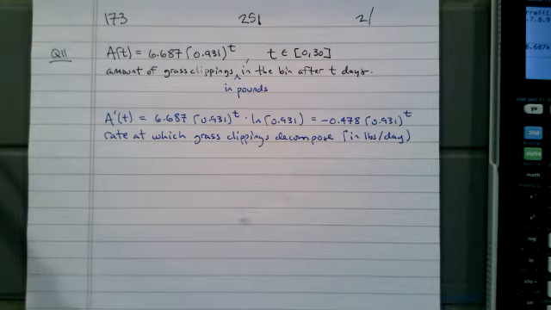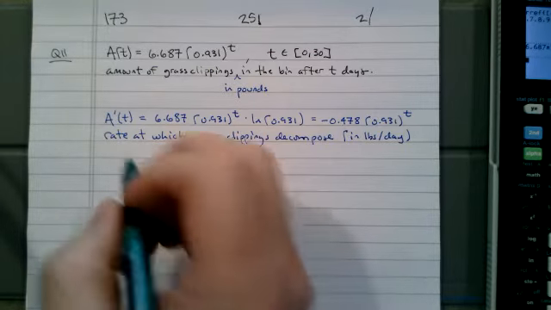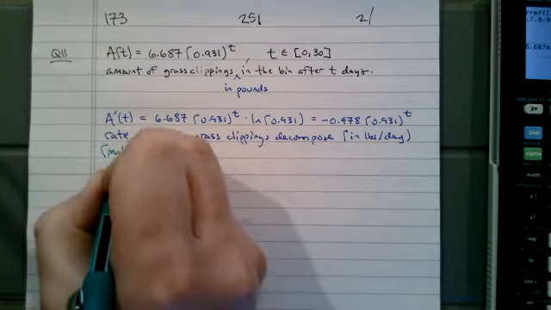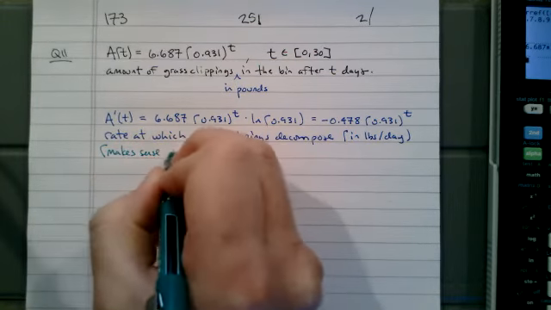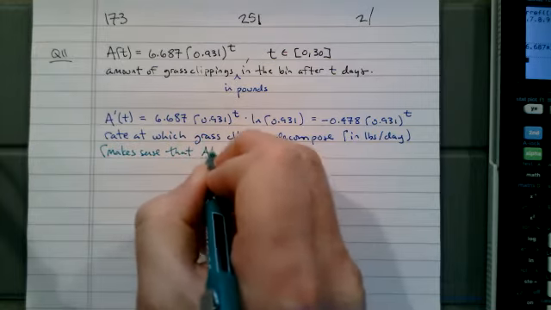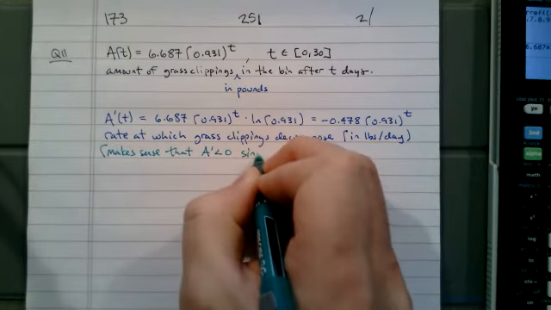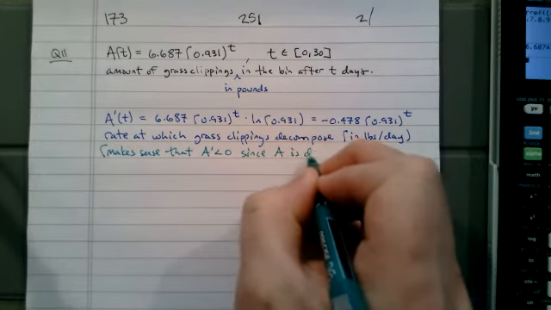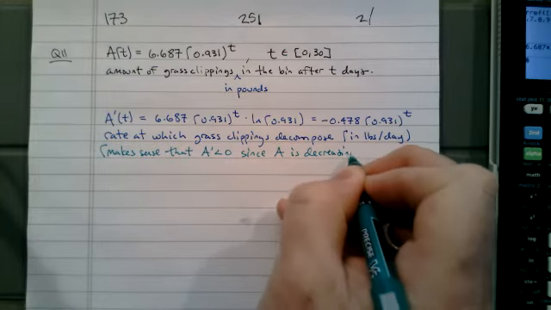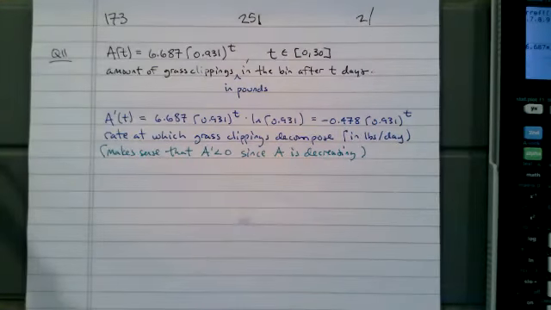It makes sense that this value will always be negative because the grass clippings are decomposing. We're not going to end up with more grass clippings. It makes sense that A prime is negative since A is decreasing. So that fits with our understanding of how derivatives work.